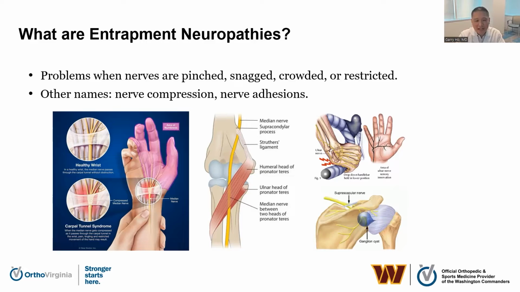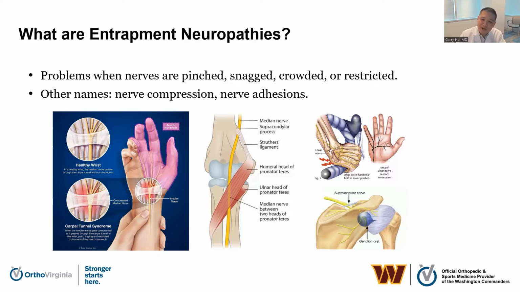That puts the hand in a position that is primed to get irritated in people who ride bikes, perhaps with a particular handlebar design, a bike rider who's putting a lot of their weight on their hands or riding over rough terrain. There's a lot of vibration coming up from the bike through the handlebars. That can actually irritate the ulnar nerve right there, and that can cause a type of compression or entrapment neuropathy.